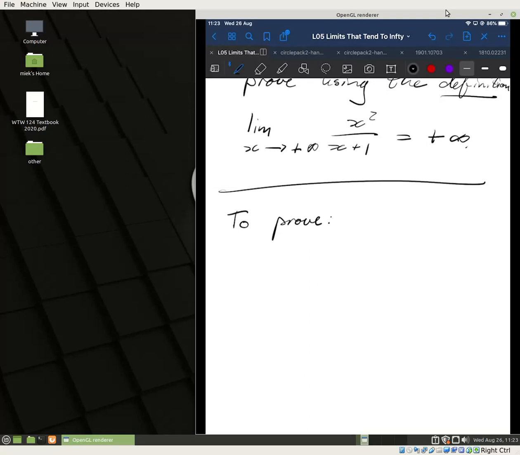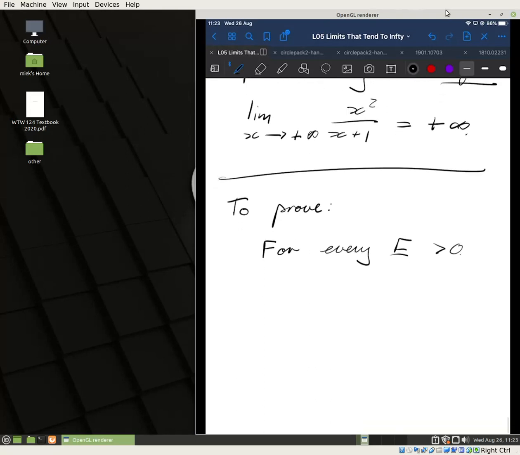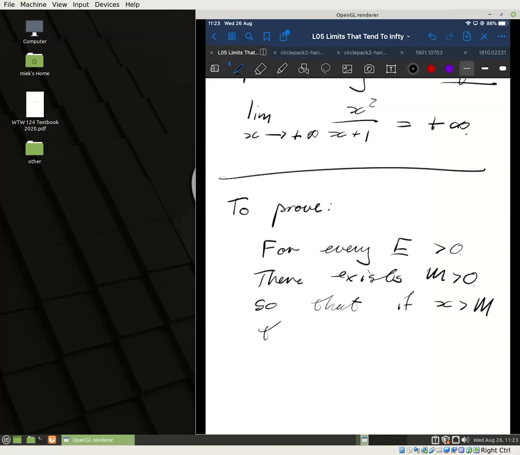So this means for every E greater than 0, there exists an M greater than 0, so that if x is bigger than M, then f of x is bigger than E.